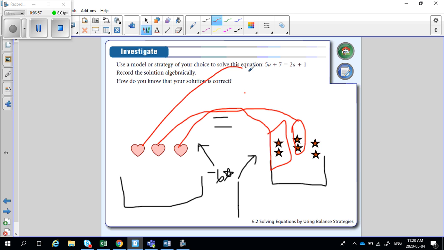And this heart goes with those guys. So we know that 1 heart equals negative 2 stars. And remember, our hearts were A's, so we could say A equals negative 2.